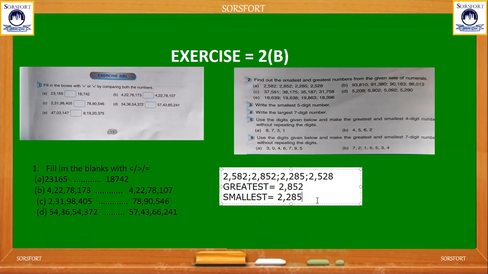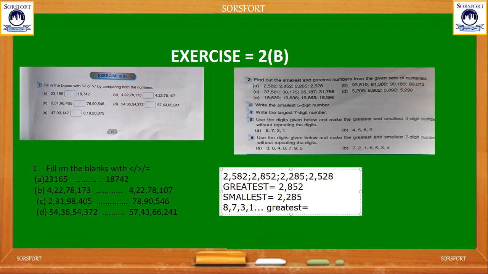Now the next question, which I just explained in the previous slide, the same question has been given here. Here 4 digits are given. What are the 4 digits? 8, then 7, then 3, then 1. Now using these 4 digits, you have to form first the greatest number. So what is the greatest number?